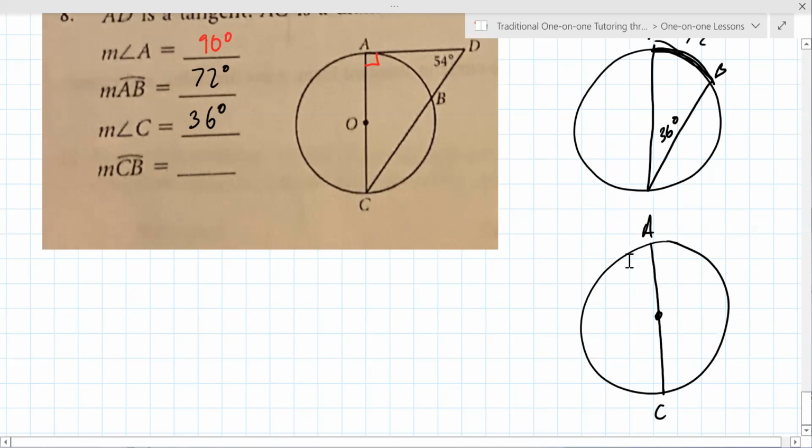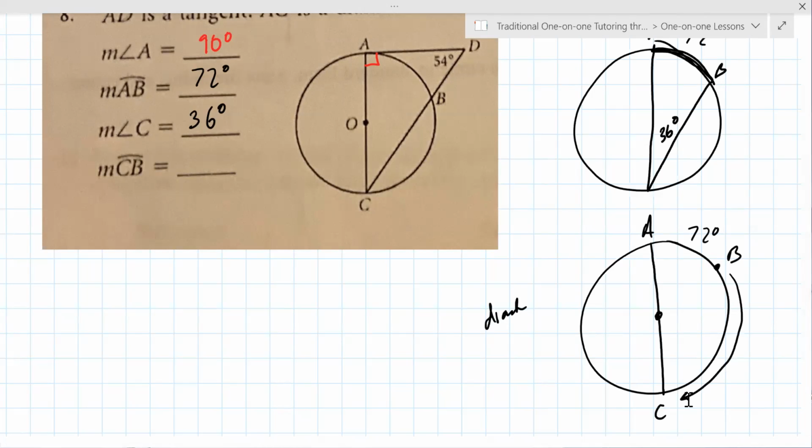Diameter, right? So that cuts the circle in half. So from A to C is 180 degrees. And you know that A to B is 72. So what do you need to finish the rest of that path? So then it has to equal 180, correct?